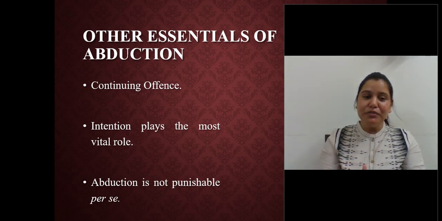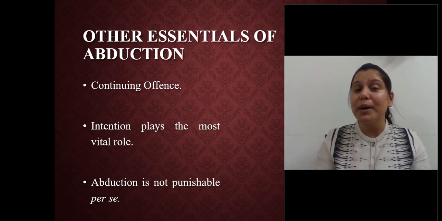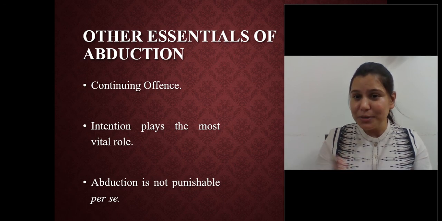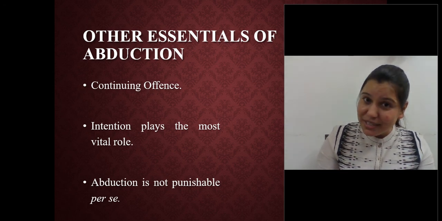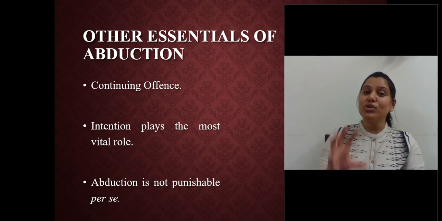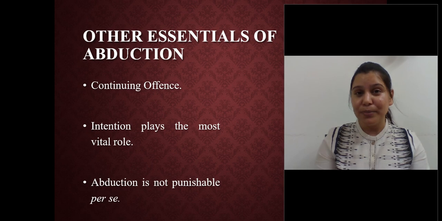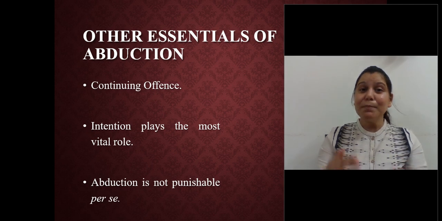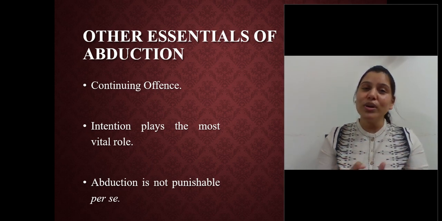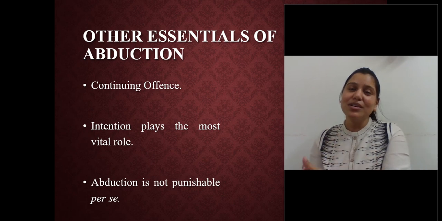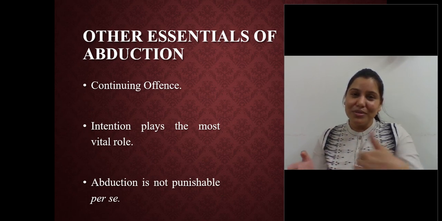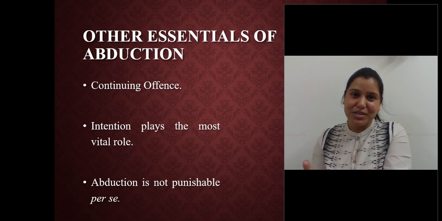Now the third element says that abduction is not punishable per se. What does that mean? It means that abduction is not an offense punishable by itself. It becomes an offense only with connection to other offenses.